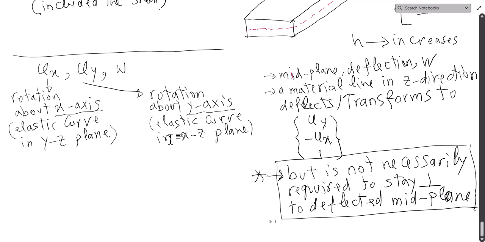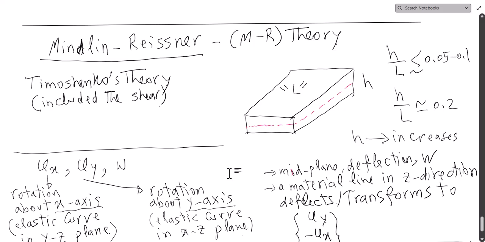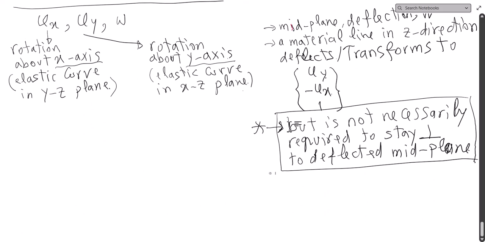Okay, so this will set up the foundation for our Mindlin plate treatment here. And we take that this is the main, everything else remains the same. The material line remains a line.